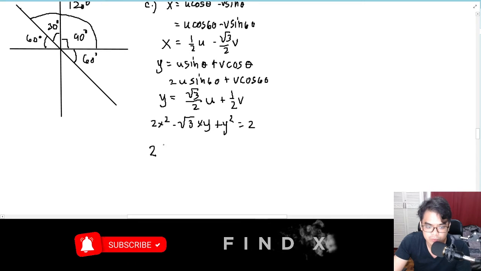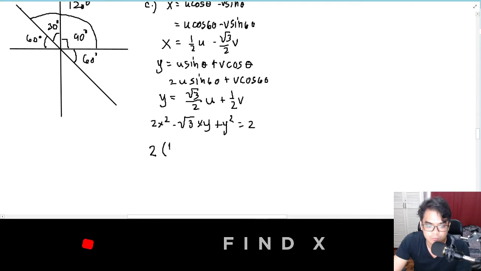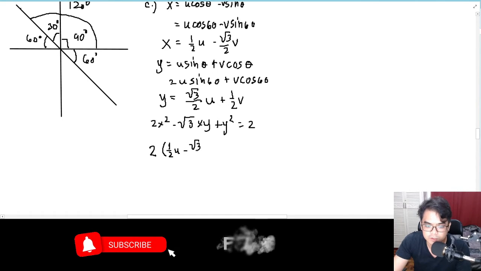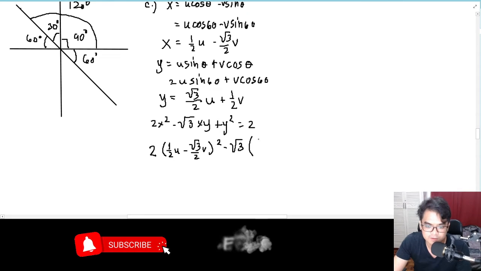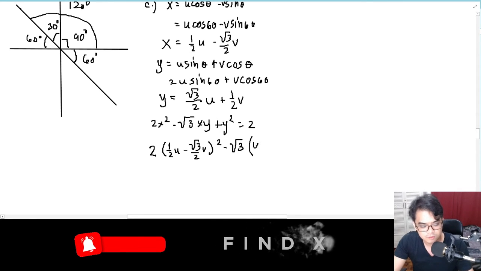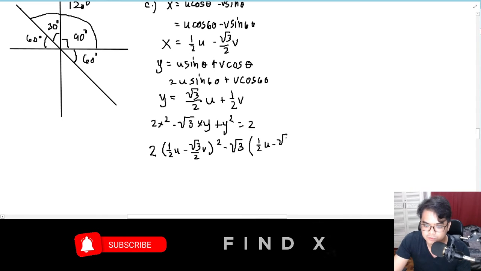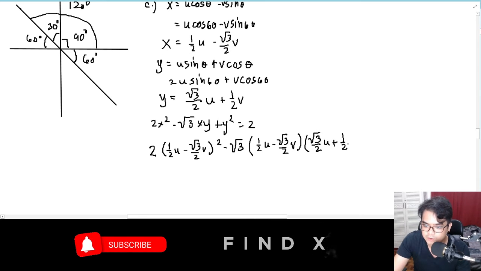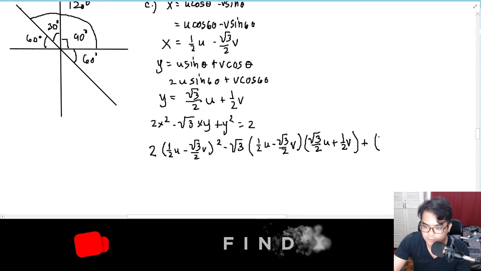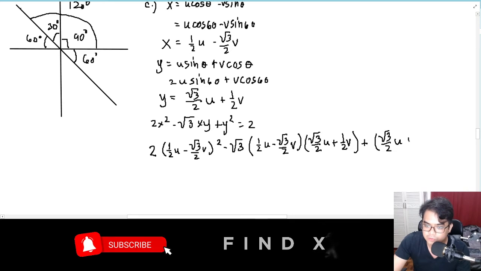You'll have 2 times x squared, which will be 1 half u minus square root of 3 over 2 v squared, minus square root of 3 times the value of xy, where x is 1 half u minus square root of 3 over 2 v and y is square root of 3 over 2 u plus 1 half v, plus y squared, which is square root of 3 over 2 u plus 1 half v squared, equal to 2.